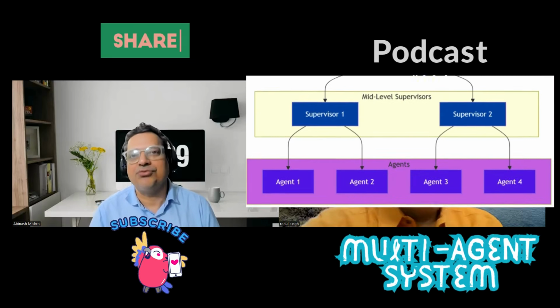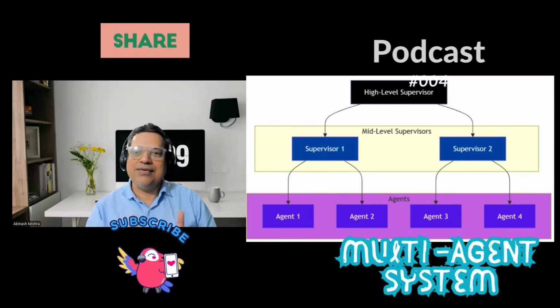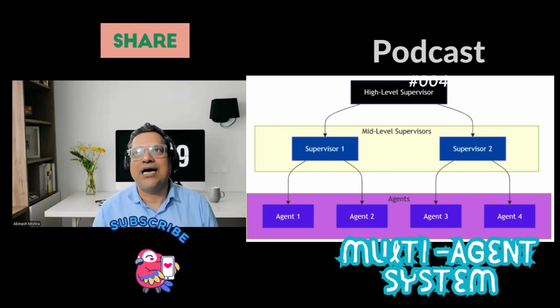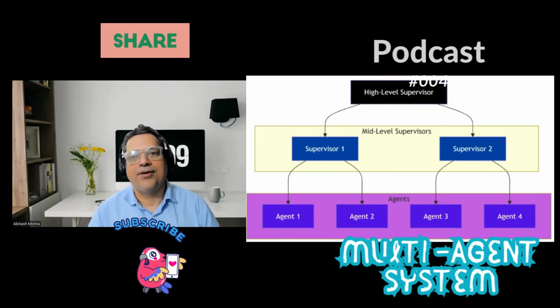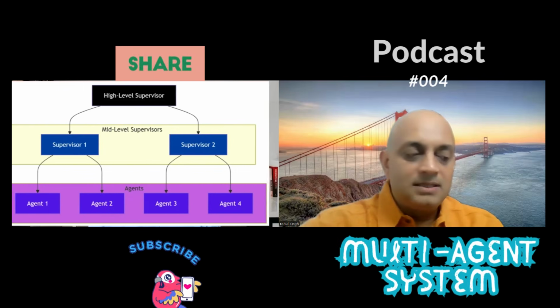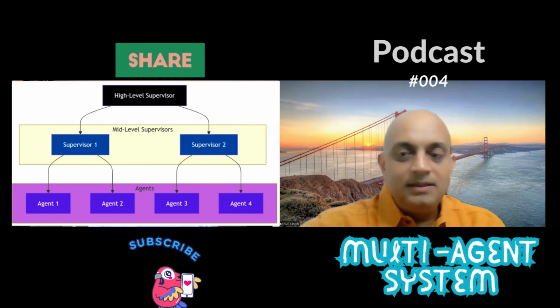So up till now, we have covered network architecture, supervisor architecture, and supervisor architecture calling tools, right? These are the three architectures we discussed. Now the next architecture, which is again along similar lines, is called hierarchical architecture. This is the next level.